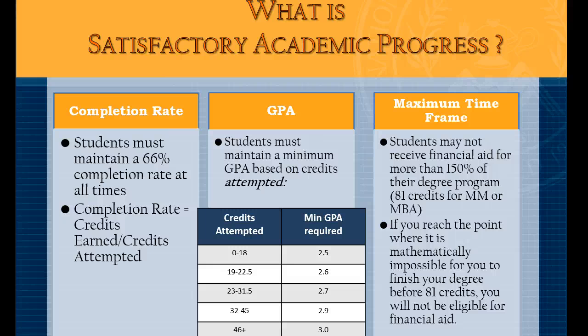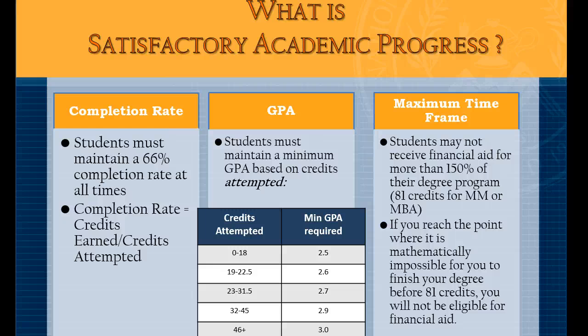And then the third criteria is maximum time frame. You can often be on and off of satisfactory academic progress throughout your time here, but you need to be careful because you don't want to withdraw or fail courses to the extent that it's going to take you more than 150% of your degree program requirements in order to complete your degree, because if you reach the point where it's mathematically impossible for you to finish your degree before 81 credits, then at that point you're not eligible anymore for financial aid.